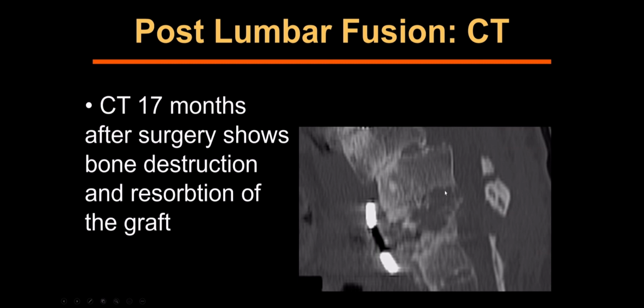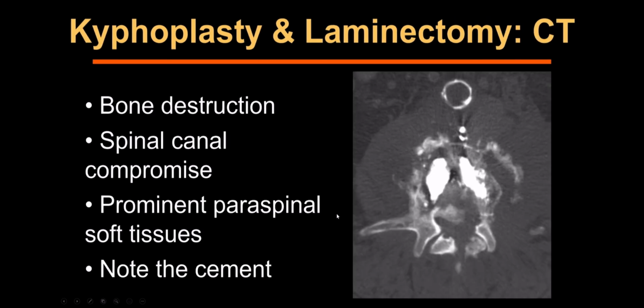Disc space involvement, end plate involvement. What are we dealing with here? Well, we're certainly very concerned about infection. So what they tried to do was a laminectomy and a kyphoplasty, and that didn't really turn out too super well. You can see the cement here.